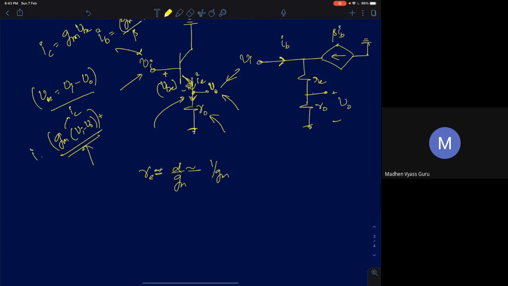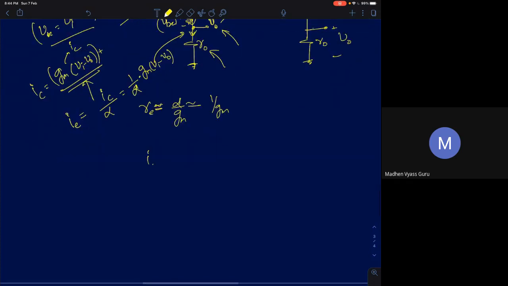So this is your collector current. IC is GM into Vi minus V0. So what can you say about emitter current? Can I say it is IC by alpha? Emitter current is IC by alpha. So I can simply write it as 1 by alpha into GM into Vi minus V0.